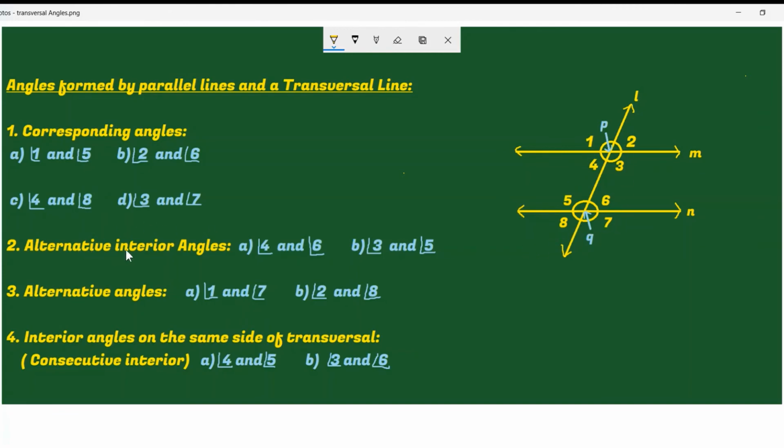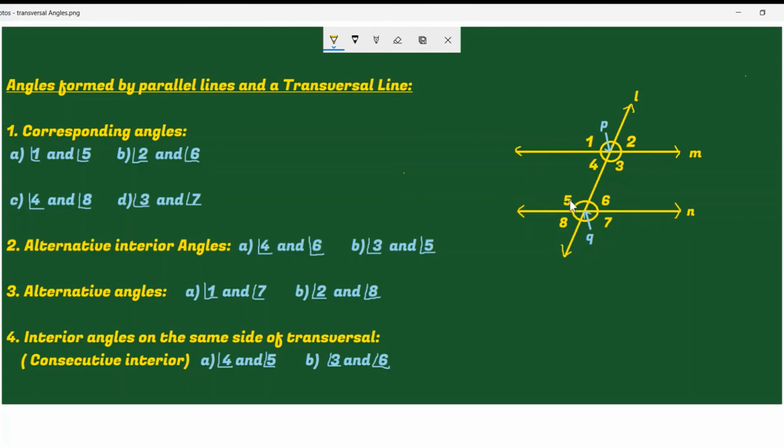Next is alternate interior angles. Interior angles are in between the lines M and N. Here you can see 3, 4, 6, 5. These 4 are interior angles. There are 2 pairs of alternate angles. That means angle 5 is alternate to angle 3 and angle 4 is alternate to angle 6.